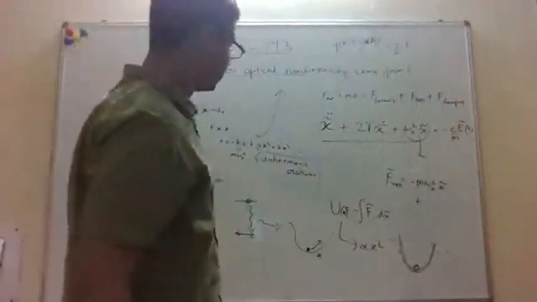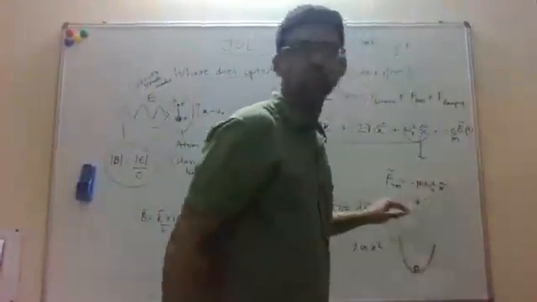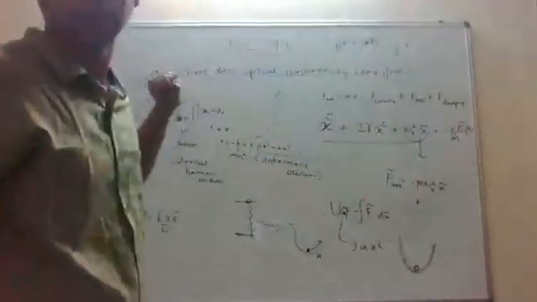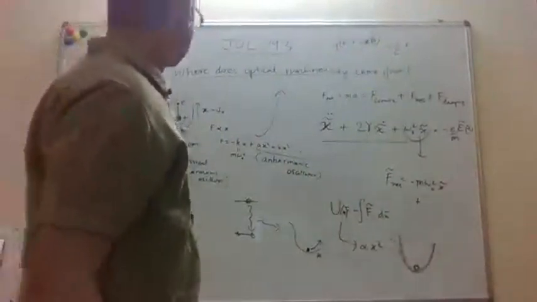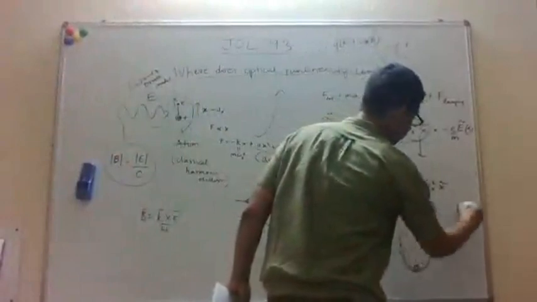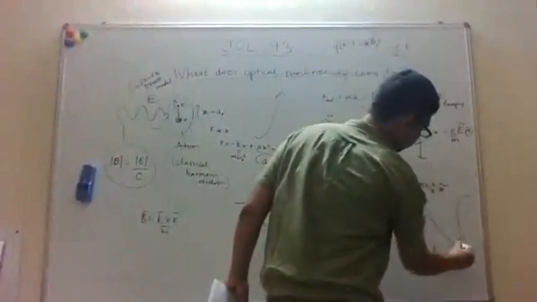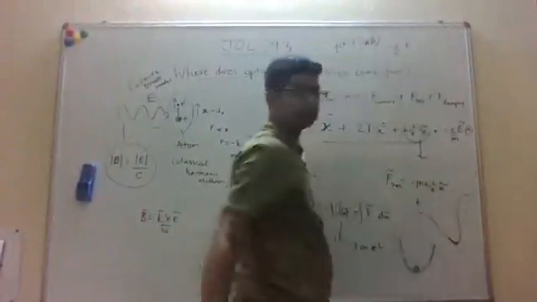So for small displacement, the potential is well modeled by a parabolic potential, which is the case for a simple harmonic oscillator. But once the displacements become large, you can imagine this is some complicated potential, but for small displacement, it looks very much like a parabola.